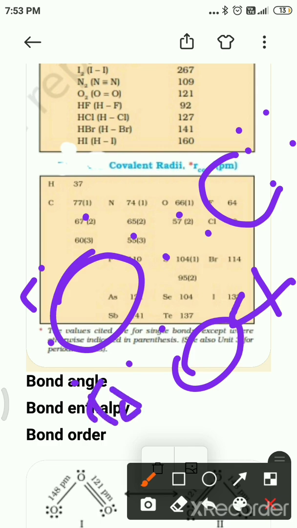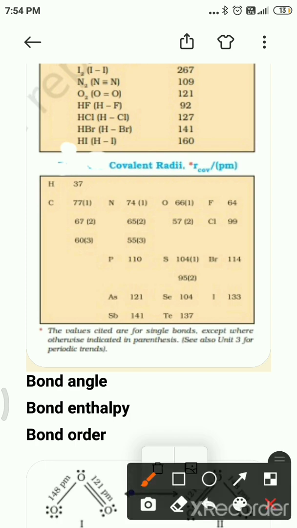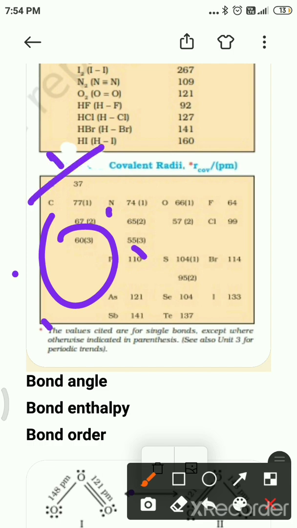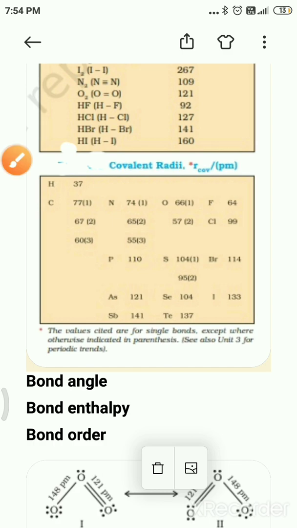This is the second structure, and the third resonance hybrid structure is O plus, dot dot C dot O dot dot. This is the third canonical form of carbon dioxide.